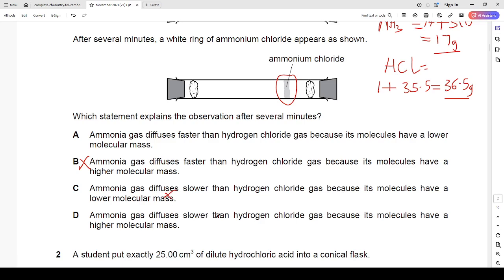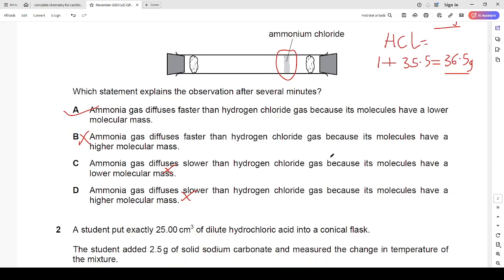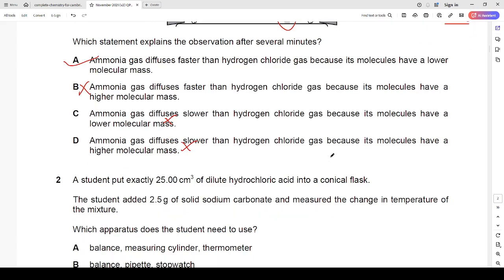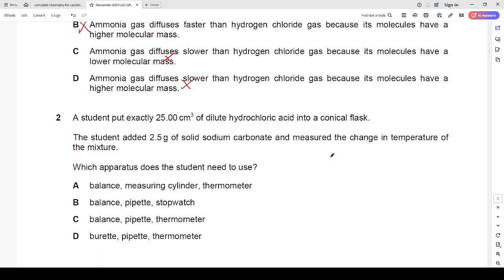Ammonia gas diffuses slower than hydrogen chloride gas because its molecules have a higher molecular mass. Okay, this last statement is equally wrong. So we stick to the first statement here, that ammonia gas diffuses faster than hydrogen chloride gas because its molecules have a lower molecular mass.